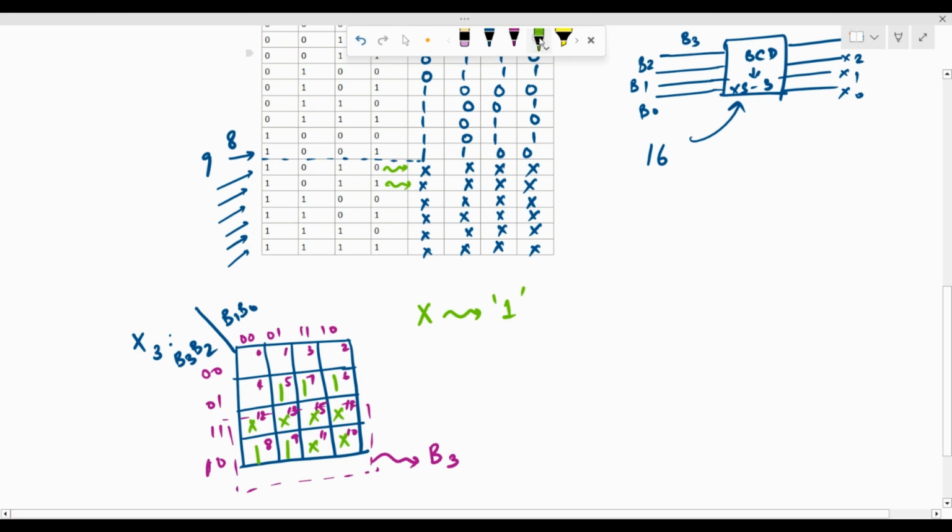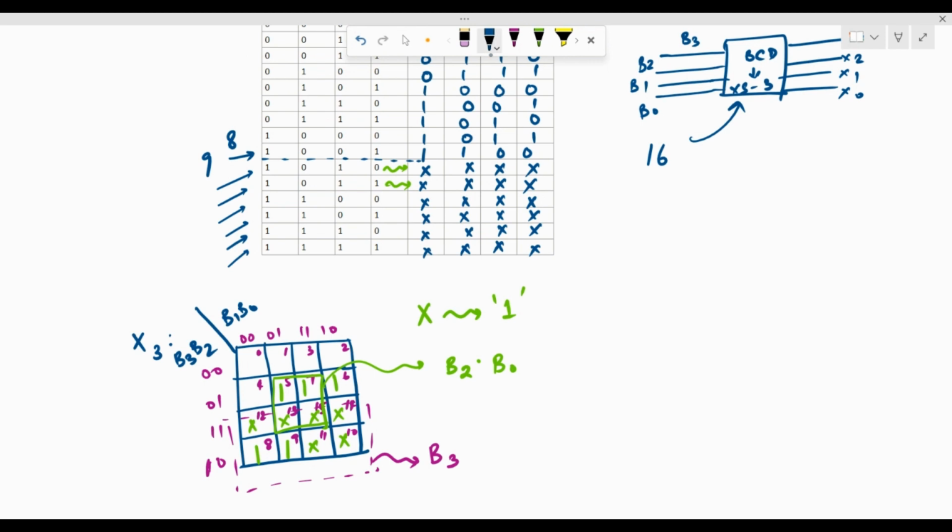The next group that we can form here is to group these two ones. For that, we can use these two don't care conditions and form a group, a quad in this manner. When we look at this quad, we see that this is going to be B2 and B0. So that is the expression for this quad, right? Now there's one more one which is left.